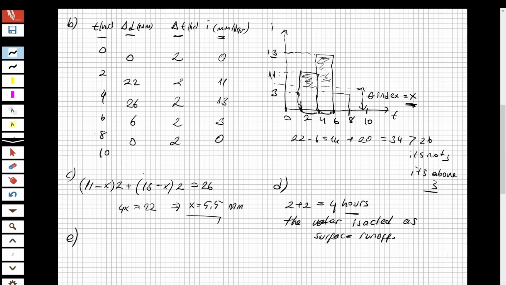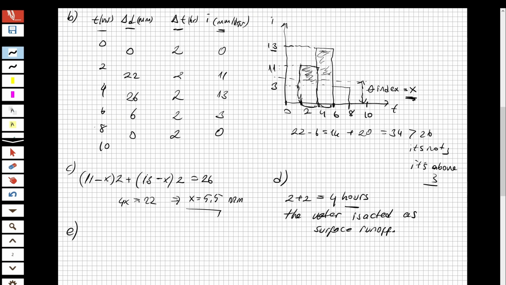So 5.5 multiplied by 2 plus 5.5 again for this part multiplied by 2, plus 3 multiplied by 2, and this is going to be equal to 28 millimeter.